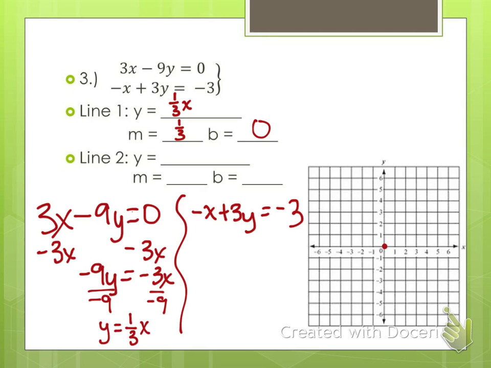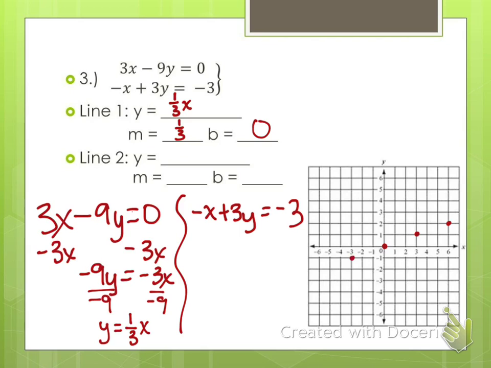M is 1/3, both positive, so we are going to go what directions? Anybody? Ryan? Up and to the right. Up 1, right 3. If you do not want to go up and right, you can go down and left.